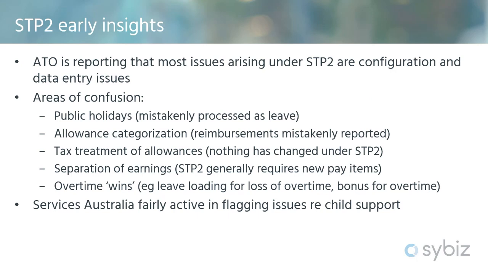Generally speaking, there are a couple of exceptions, but if something was reportable under STP1, it's reportable under STP2, and reportable in the same way in a lot of senses. But obviously, with what they call the disaggregation of gross, there does need to be a lot finer grain reporting, which we'll talk about in the following slides as well.